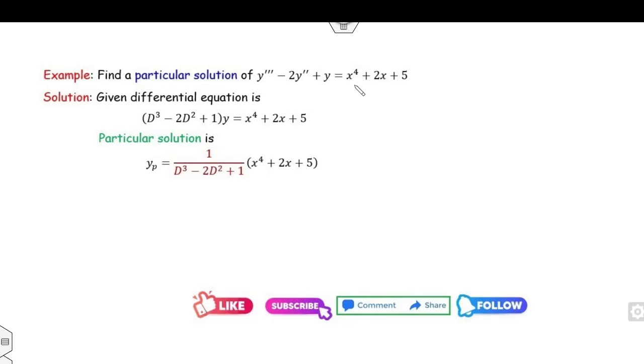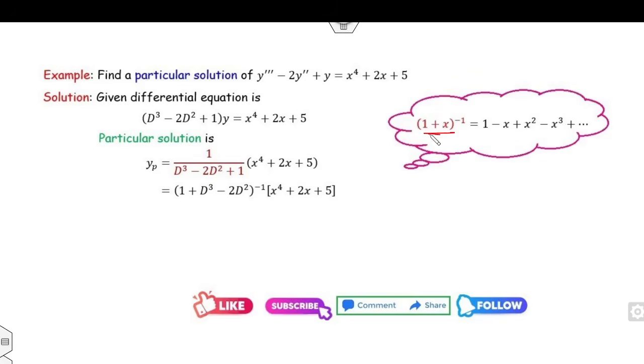Now since the right hand side is my polynomial, your target is to write up to the power -1. So does the 1 appear? Yes, 1 is already there. Then I can write this as (1 plus (D cube minus 2D square)) raised to power -1 into (x4 plus 2x plus 5). Fine. Now since it is written in the power of -1, then we can use the expansion series (1 plus x) raised to power -1.